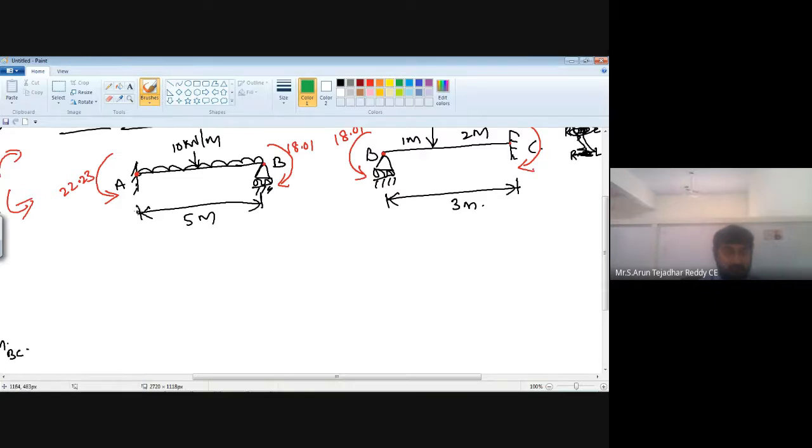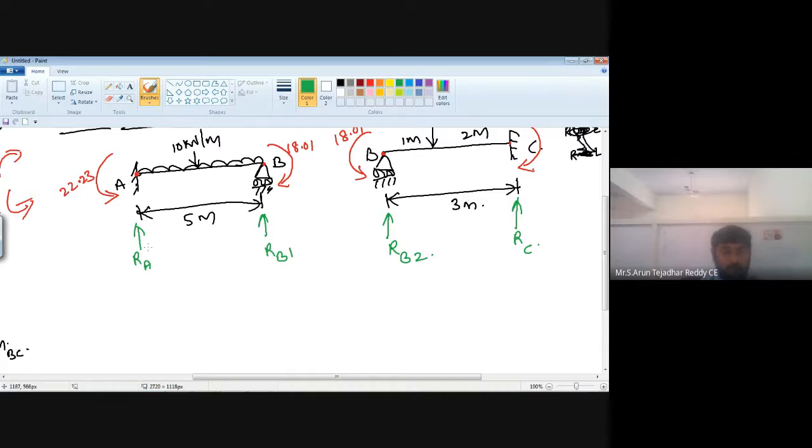Next, what are the reactions acting here? Here it is RA, here it is RB, here it is RB, here it is RC. We have a two RB, so I can name it as RB1, RB2.